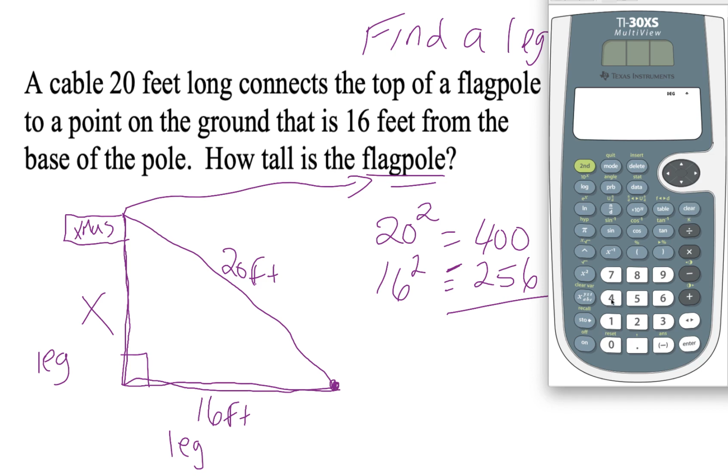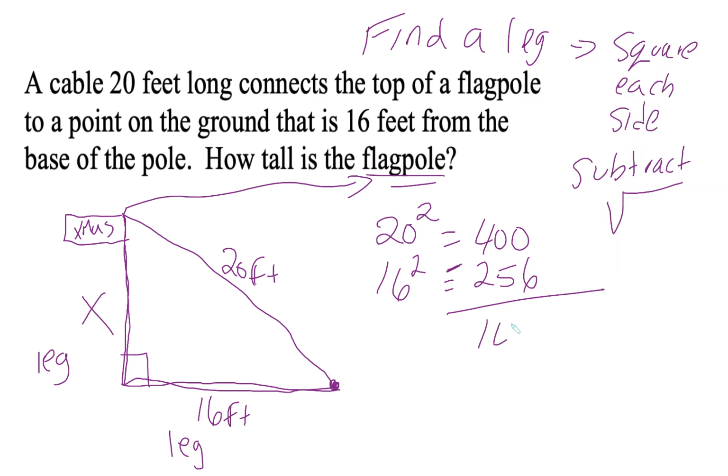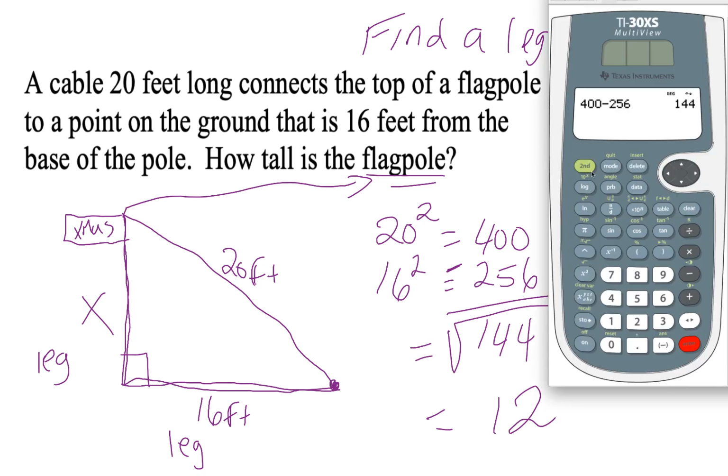So I'm going to take 400, subtract 256. I get 144, and your last step is take the square root of that, which would give you perfectly 12. So if we did second function x squared, 144. Yep, there we go. Your answer is 12.